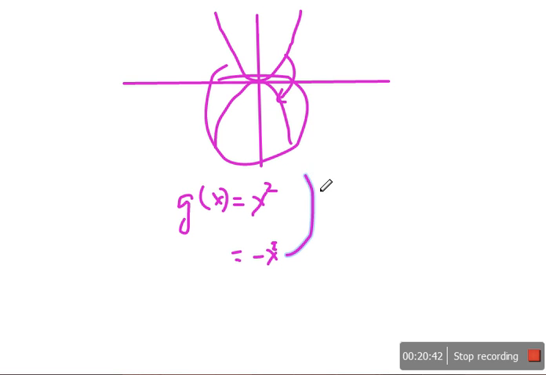Just -1 multiplying, and you get the same function reflected on the other side. It's called reflection about the x-axis.